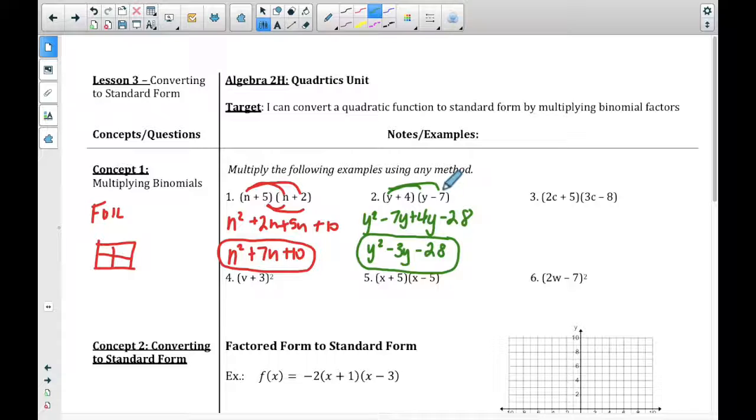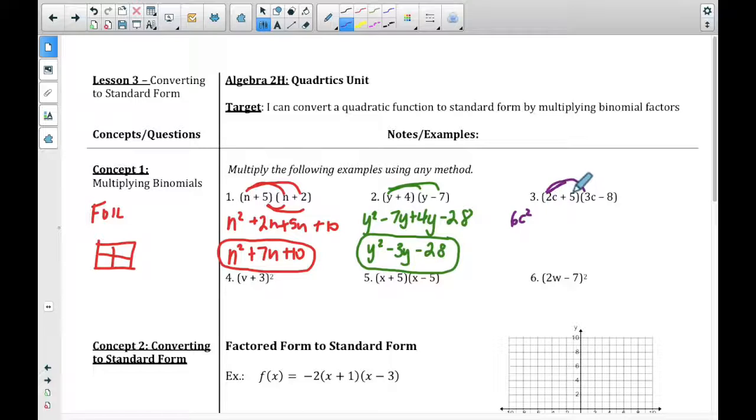Okay, you should get y squared minus 3y minus 28. The only new thing about this one was paying attention to those negative signs, making sure you have all that correct. Let's look at number 3. Again, just a little bit more complex because it has the leading coefficients. When we do that, the first term is going to be 6c squared because you multiply the 2 and the 3, and of course you multiply the c's.